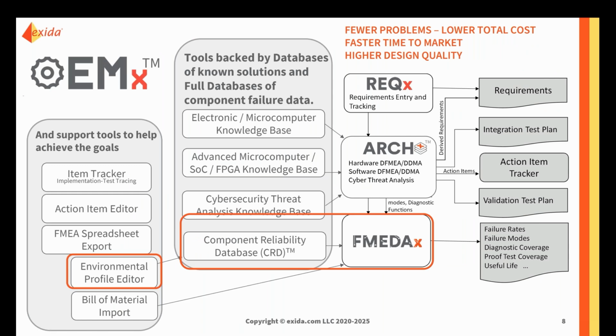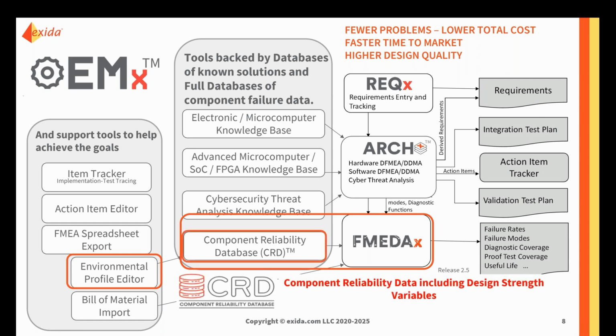FMEDA tools are commonly used today because these tools can save many engineering hours and actually help improve the quality of any FMEDA. The OEMX tool suite from Exida includes a tool called FMEDA-X, which is an FMEDA tool, and it has an embedded component reliability database.